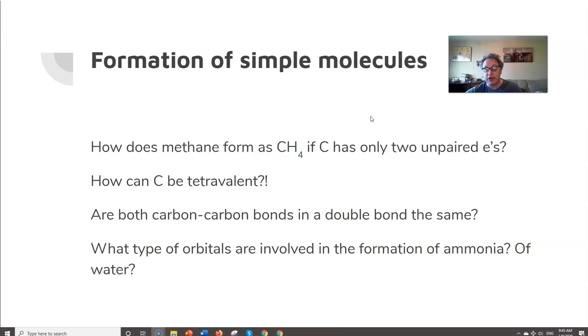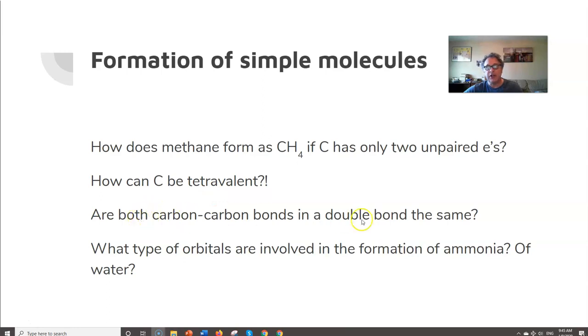The electron configuration of carbon is 1s2, 2s2, 2p2, which means that, according to Hund's rule, there are 2 unpaired electrons at the 2p sublevel. So how is it possible that carbon can form 4 bonds? How can carbon be tetravalent? It shouldn't be able to.